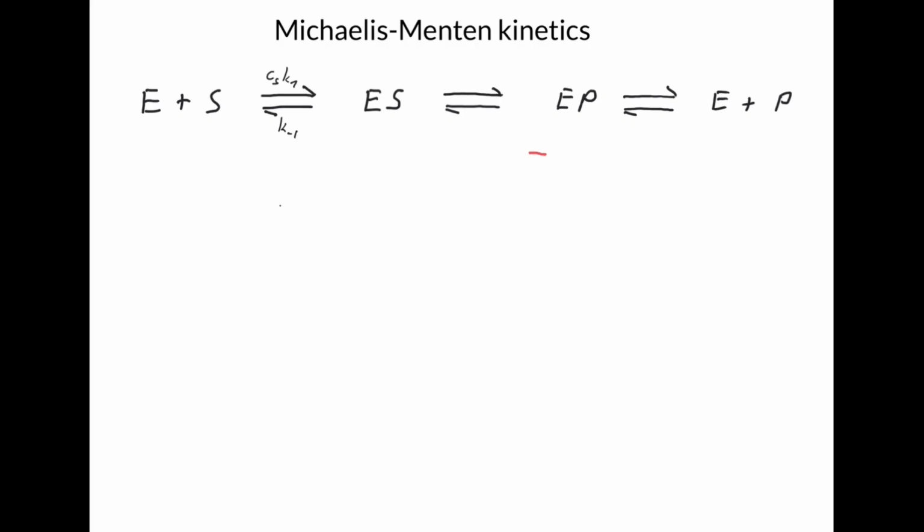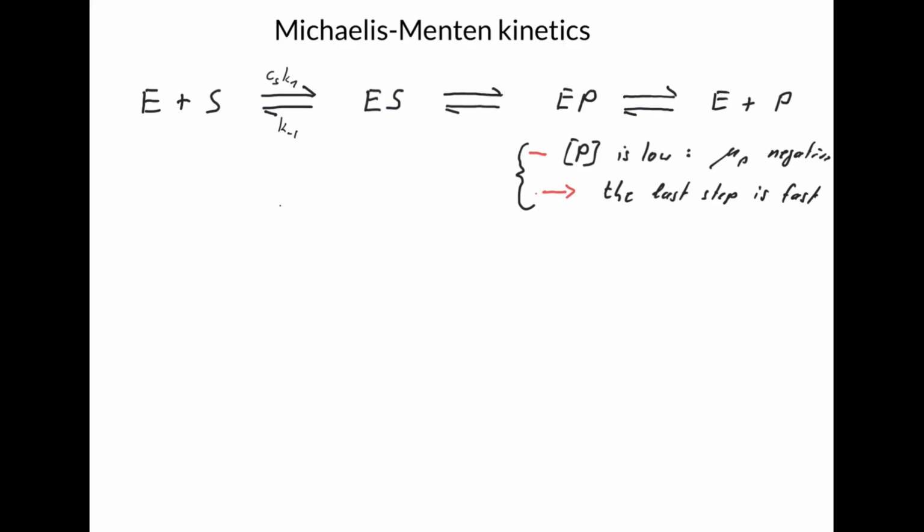This complicated multi-step process we can shorten, because the very last step, the release of the product, typically is very fast. Hence, we only come up with two chemical reactions. We start with E plus S, then we have the bound state ES, finally leading to the free enzyme and the free product.